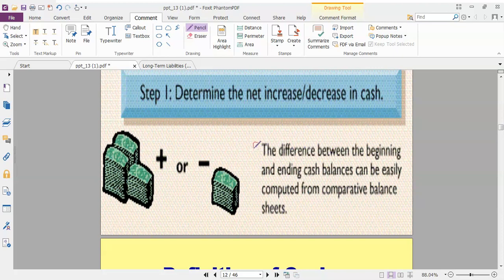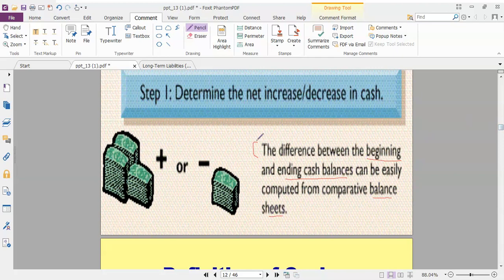We must identify the difference between the beginning and ending cash balance, which can be easily computed from the comparative balance sheet.